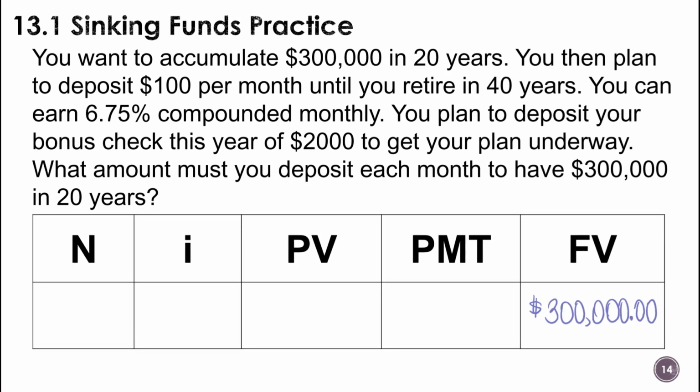Okay, so first of all, we're just working on this 20 years. So that's times 12 because it's compounded monthly. The interest rate is 6.75%, and that is divided by 12 because of compounding monthly. We can put in the bonus check of $2,000 to get this thing started.